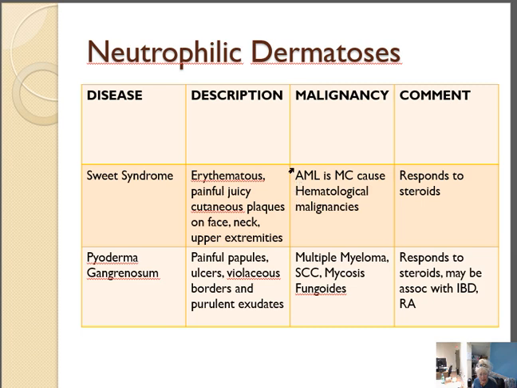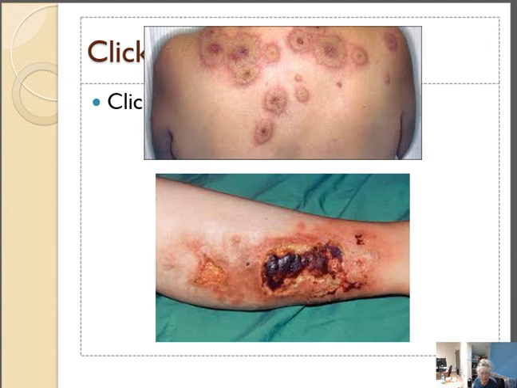You can see it in acute myelogenous leukemia. These are usually hematological malignancies, and they respond to steroids. Of course, steroids have their own sequelae of problems when you have to give too many of them.